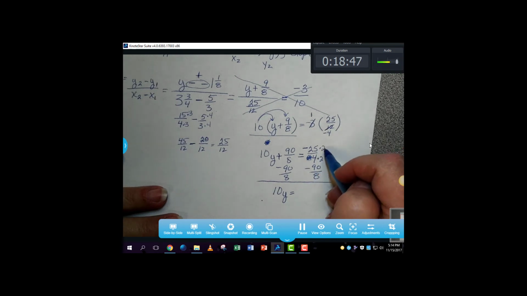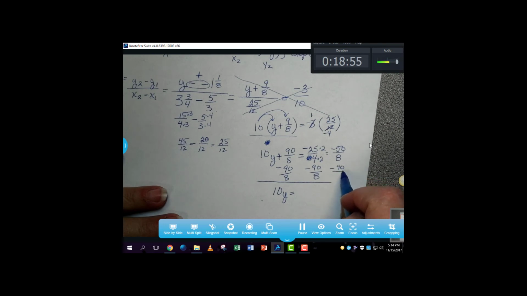And what I do to the denominator, I do to the numerator, so I'm going to have negative 50 over 8. And I am going to be subtracting 90 over 8. When the denominators are the same, you keep them the same. And I combine the numerators. I've got negative 50 and I have negative 90. Altogether, that's a negative 140.